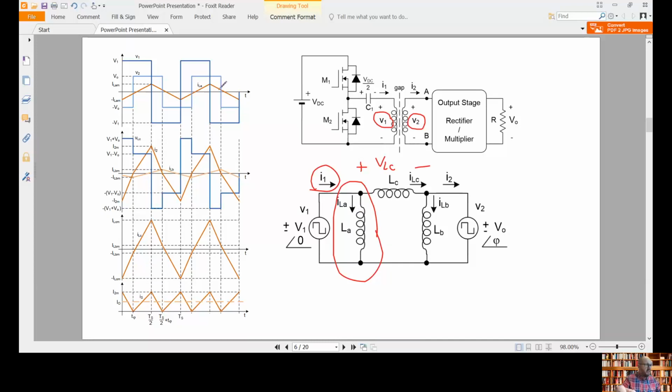This means that we always have at least this triangular waveform current circulating through the half bridge. And this could be an advantage when operating at low loads.